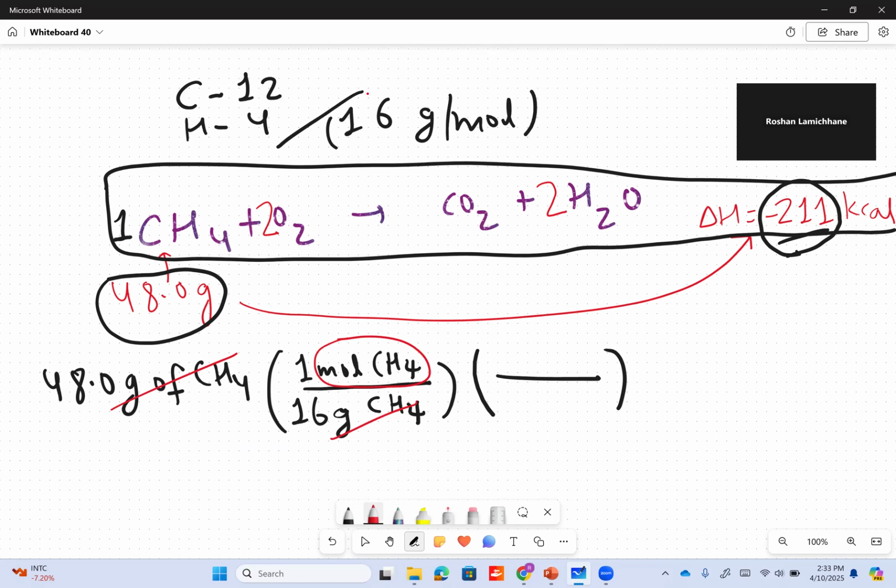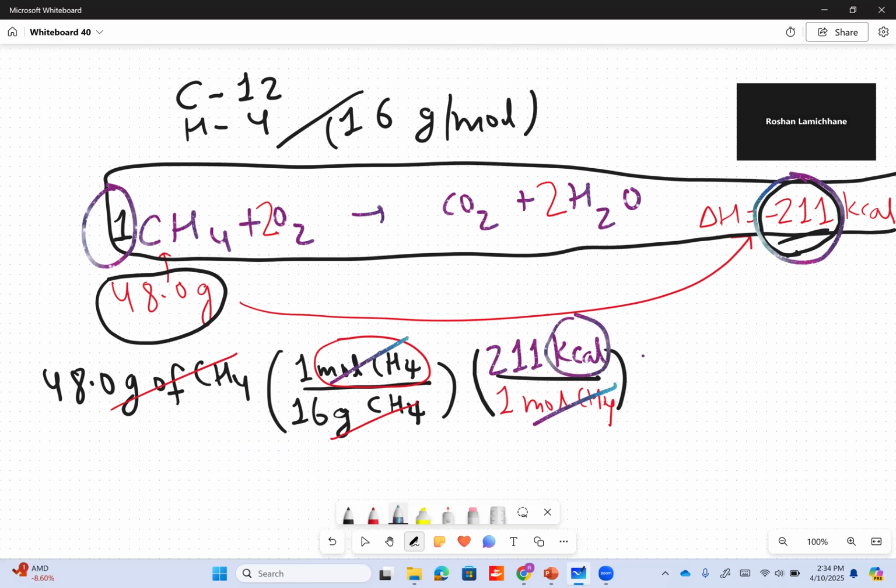The next thing I'm going to do is, the balanced reaction is telling me that 1 mole of CH4 can release 211 kilocalories of energy. Look at that, my mole and mole cancel out, and then my final unit is in kilocalories.